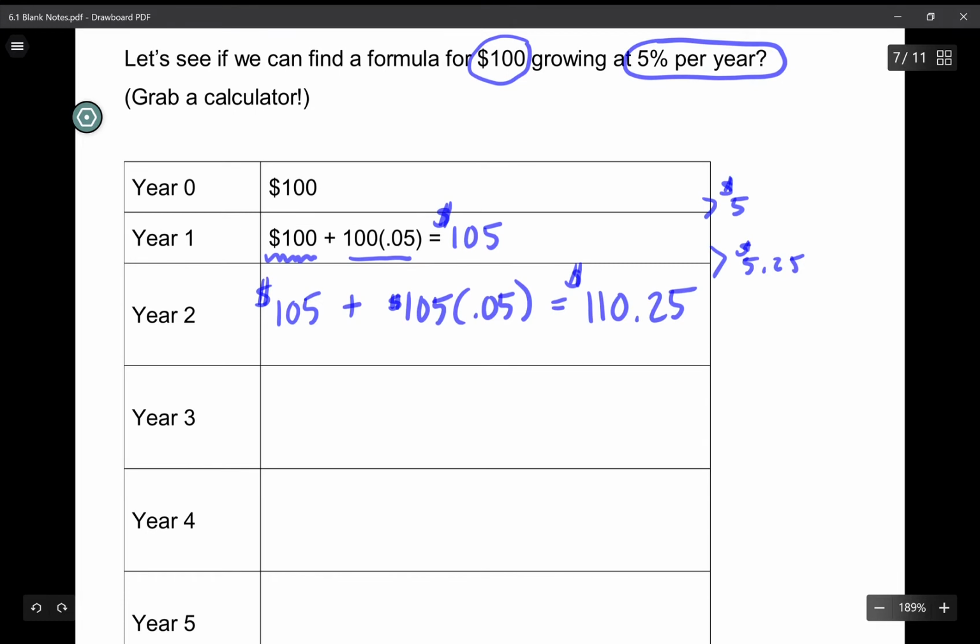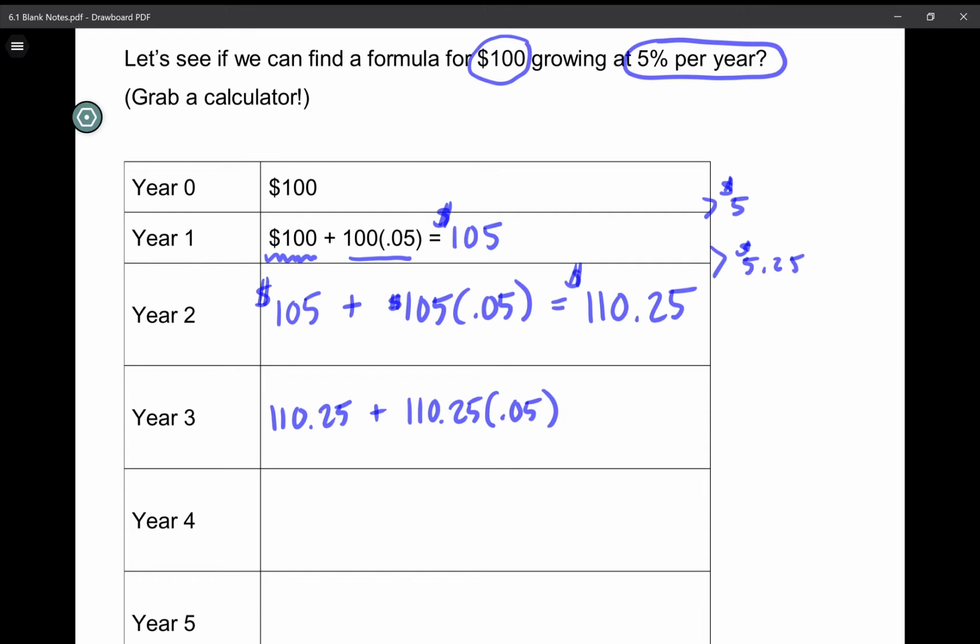All right, let's calculate year 3. I'm going to start with $110.25, and I'm going to add to that 5% of that. It's going to be even more than the previous year. So I'm going to take $110.25. I'm multiplying that by 0.05, 5%, and I get $5.5125. I'm going to round to the nearest penny because we're working with dollars. So I'm going to call that $5.51.